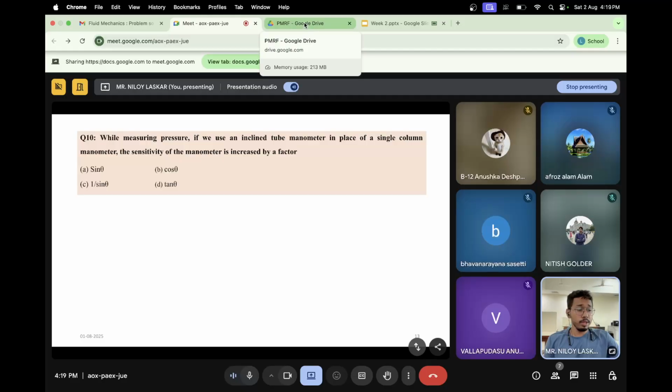Does anyone have any concept about this manometer or anything, you know?